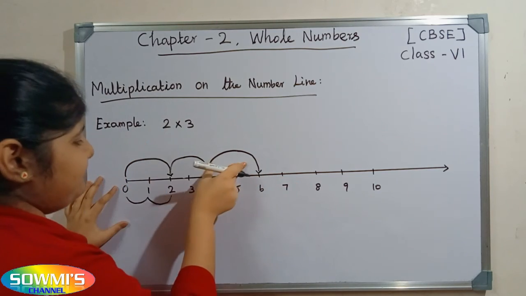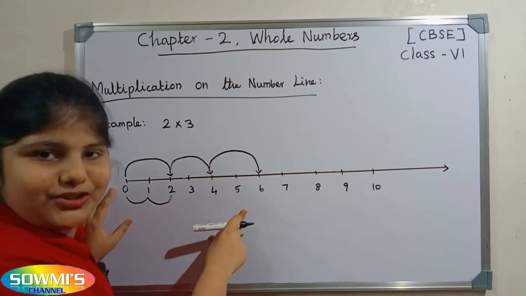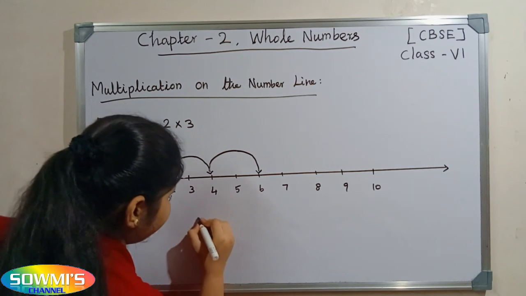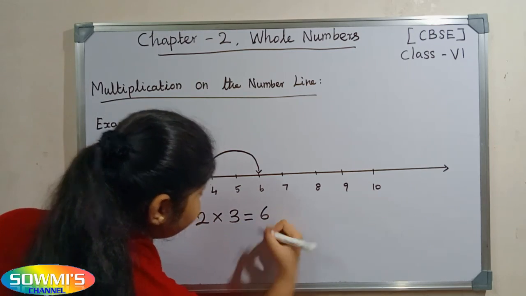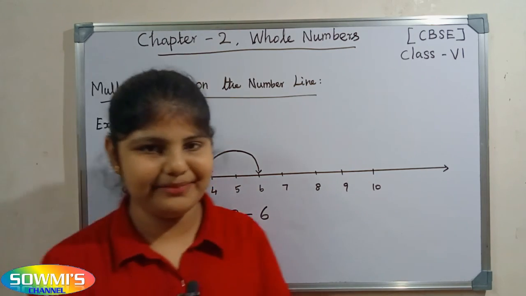So now we have made 3 jumps. Now we have reached 6. So the product of 2 and 3 is 6. So this is the way of representing multiplication on the number line.